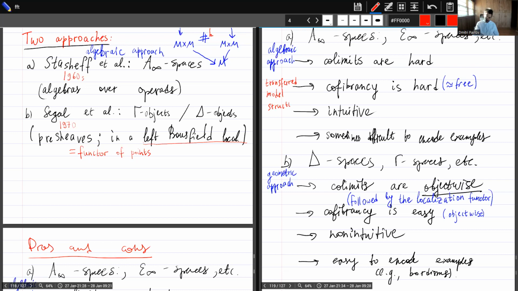And in any transfer model structure, you can give an explicit description of cofibrant objects; more precisely, these will be retracts of free objects.